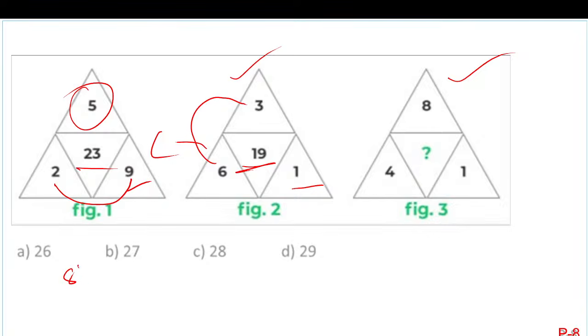Nine square 81, 5 square 25. If you subtract this one, 11 minus 5, nothing but 6, and 7 is there. 7 minus 2, 5, 56. 56 by 2, 23. Nothing is related. No, it is not working. Any answers?